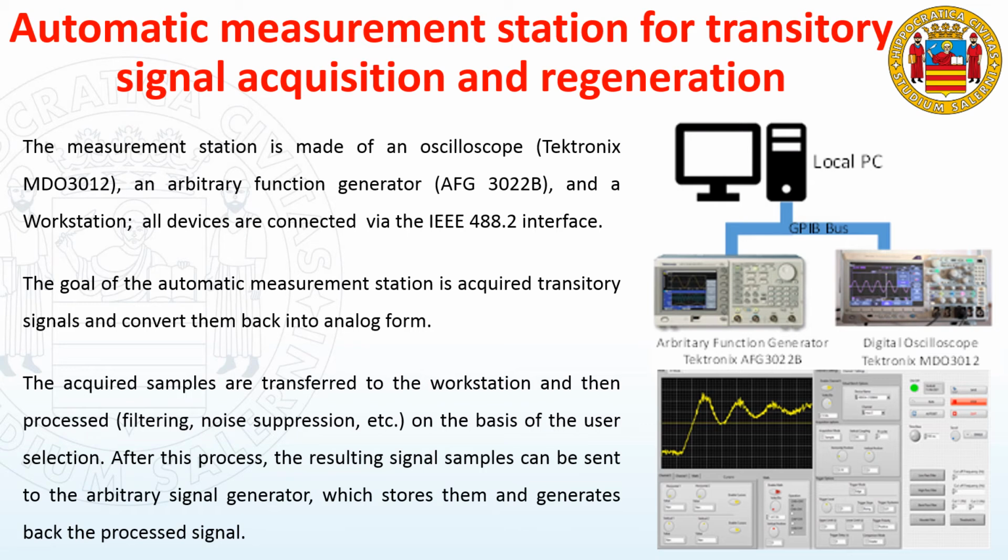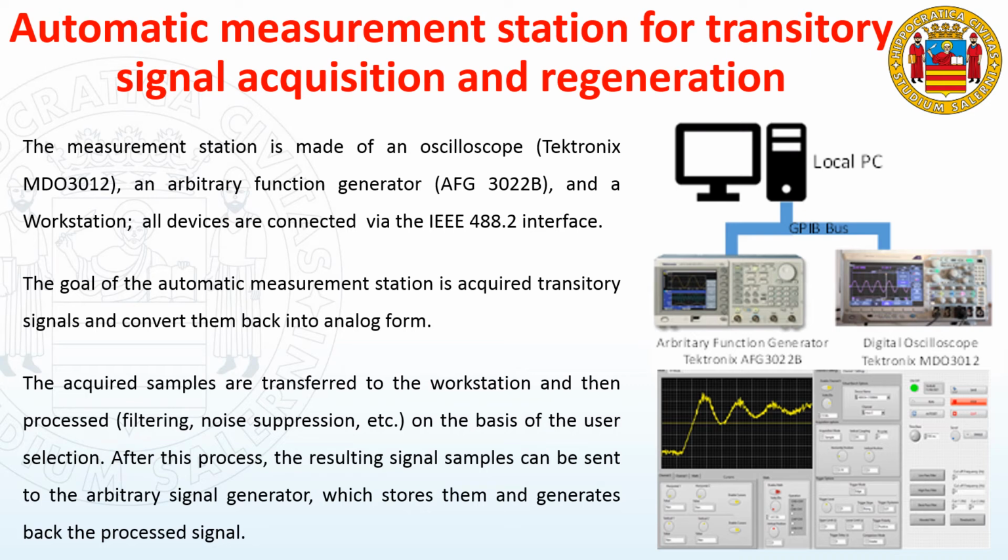The second remote station was programmed to acquire transitory signals and convert them back into analog form. In particular, this station was provided with an oscilloscope, an arbitrary function generator, and the workstation. All of them were connected through the GPIB interface.